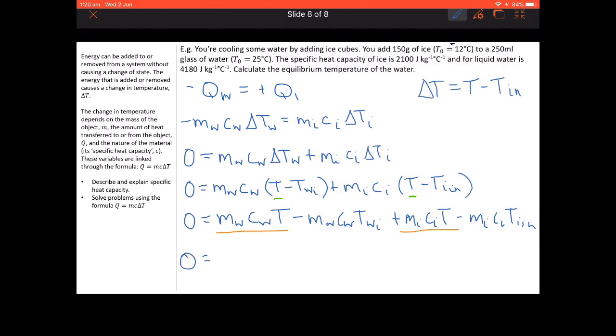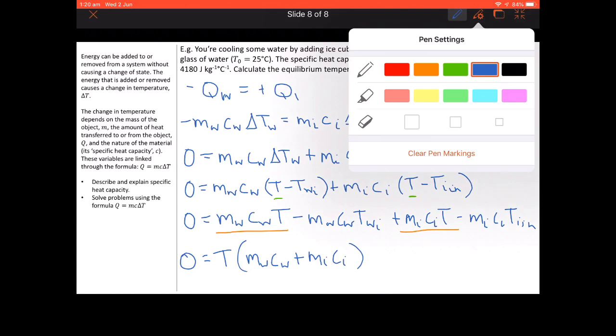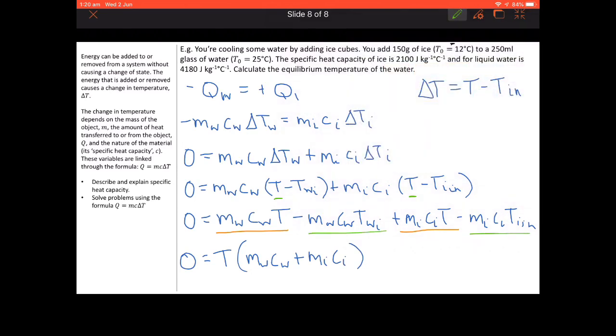That will end up being T multiplied by mass of water, specific heat capacity of water, plus mass of the ice, specific heat capacity of the ice. And then we're just left with these leftover terms, so that will be equal to minus mass of water, specific heat capacity of water, and then the initial temperature of the water, plus mass of the ice, specific heat capacity of the ice, and then initial temperature of the ice.